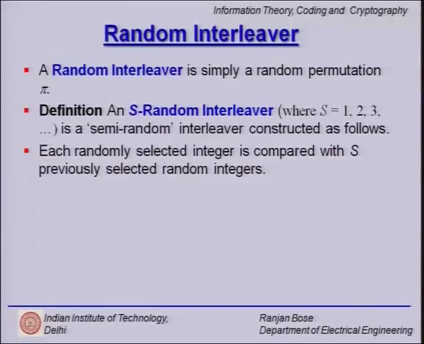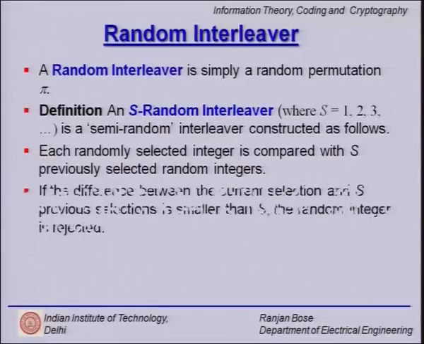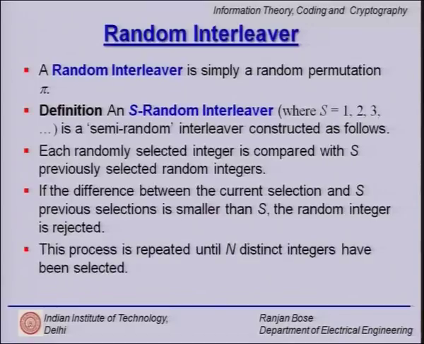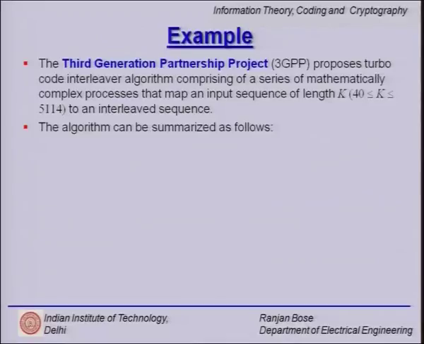If the difference between the current selection and the S previous selections is smaller than S, then the random integer is rejected. So, it is a way of picking random data. This process is repeated until n distinct integers have been selected, and thereby you end up with an S random interleaver. Let us look at an example of how it is used in real life.